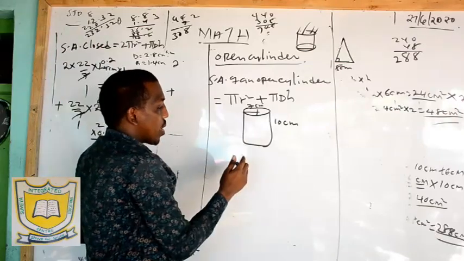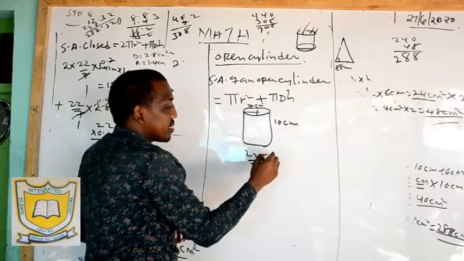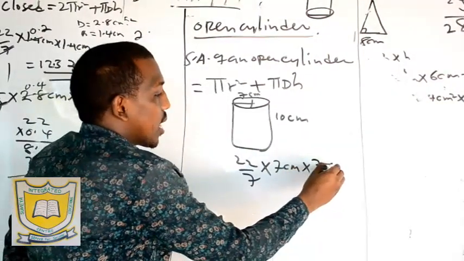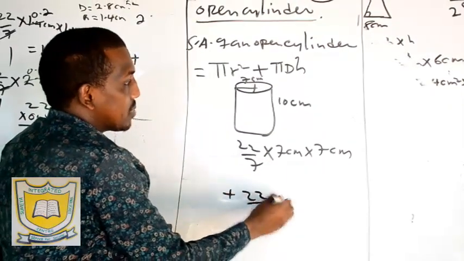So πr² is 22 over 7 times the radius, 7 centimeter, squared, plus πdh, which is 22 over 7 times diameter.